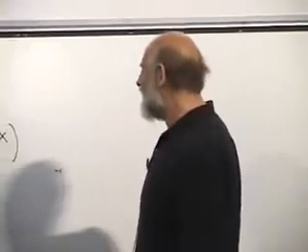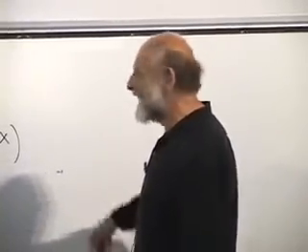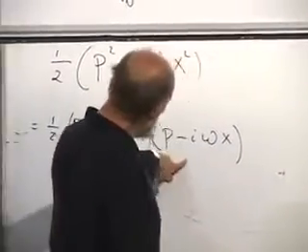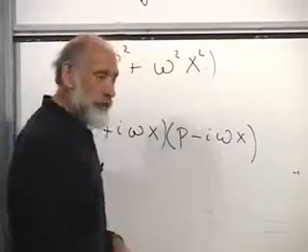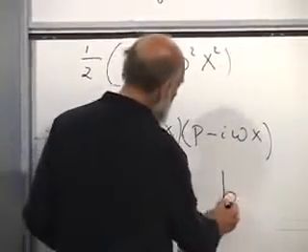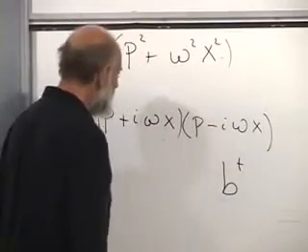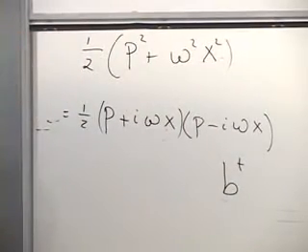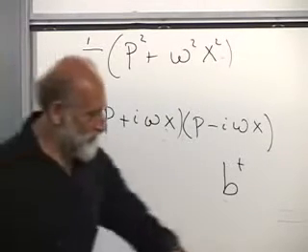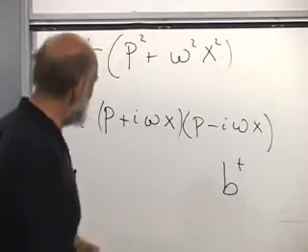I'm not sure. Let's assume. So let's call this one, and if it doesn't work, we'll just interchange it. Let's call this one B plus. That's terrible, calling a thing with a minus sign B plus. I'm going to call it B minus, and the chances are we're going to regret it.